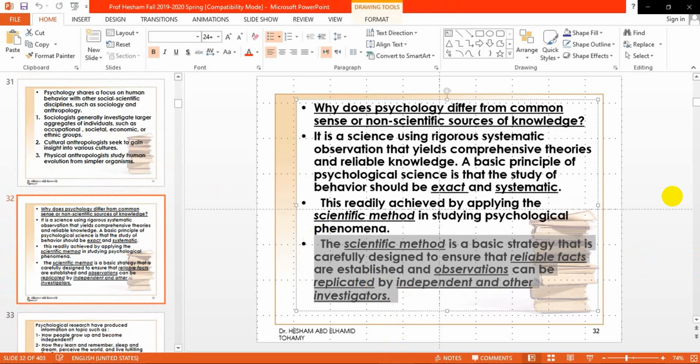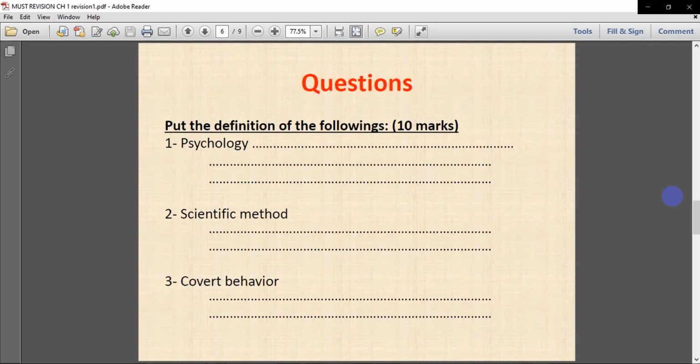The scientific method is a basic strategy that's carefully designed to ensure that reliable facts are established and observations can be replicated by independent and other investigators. I mean by other investigators, other researchers.